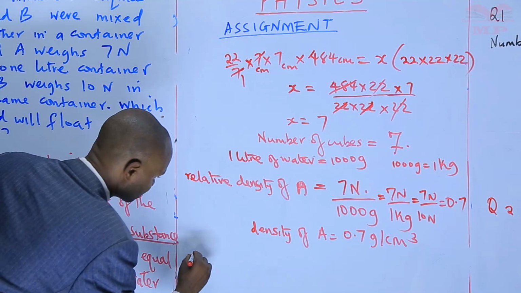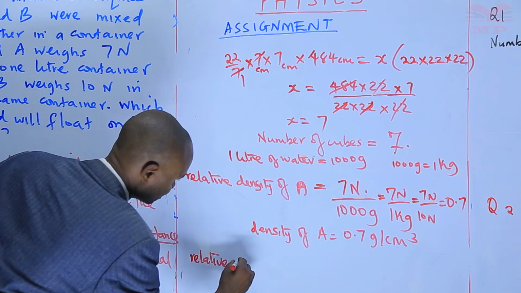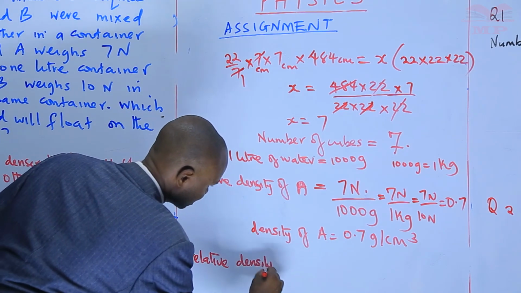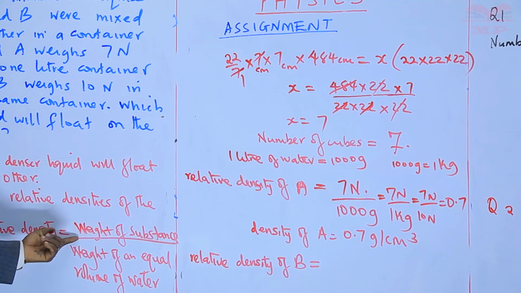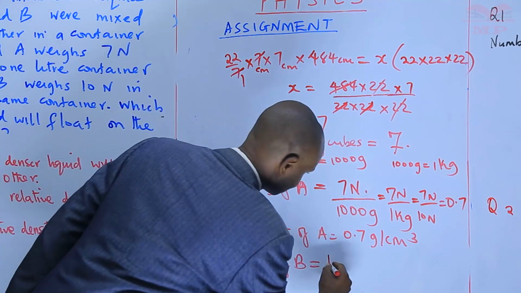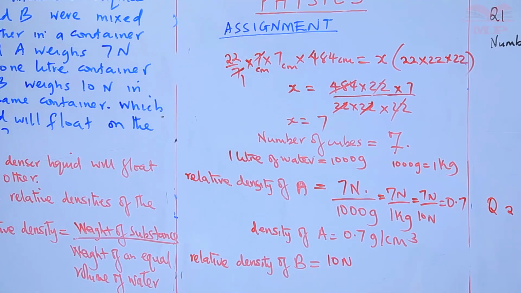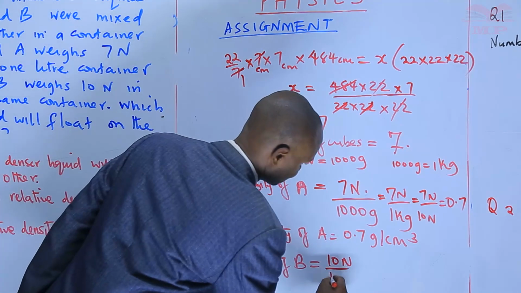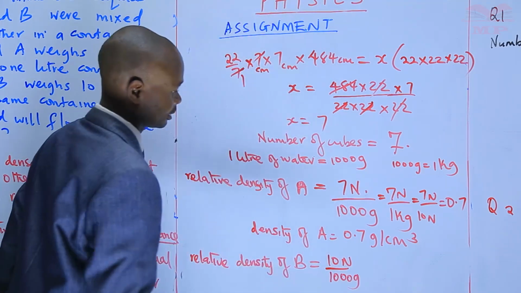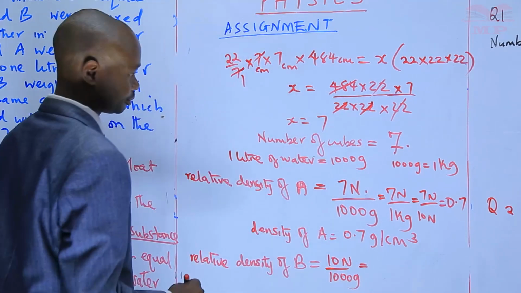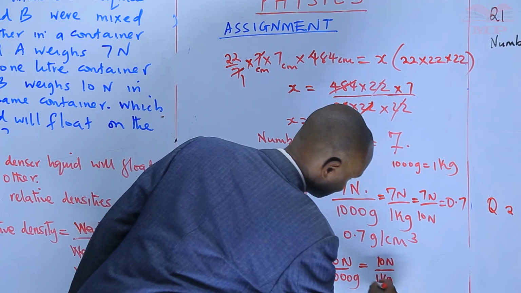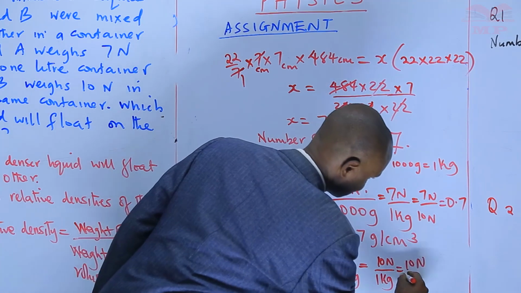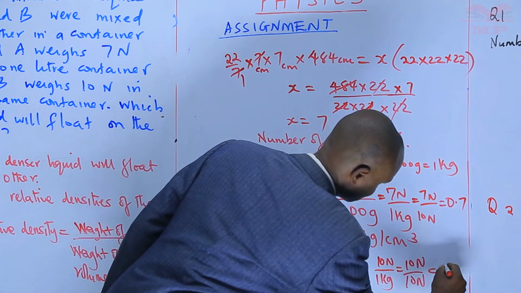So we say relative density of B. We shall just do the same. We got 10 newtons over 1,000 grams, which is equal to 10 newtons over 1 kilogram, which is 10 newtons over 10 newtons, which is 1.